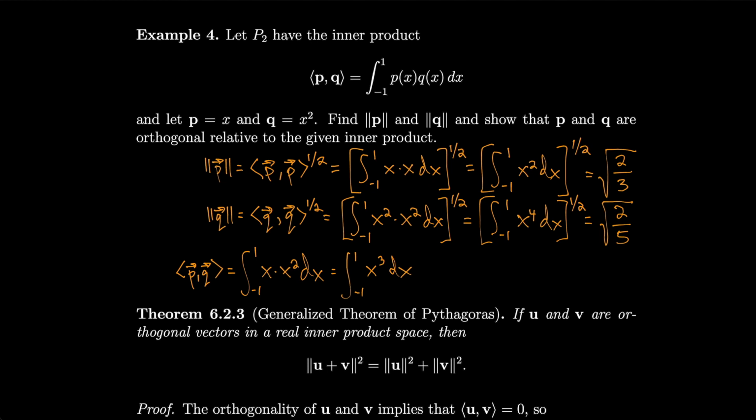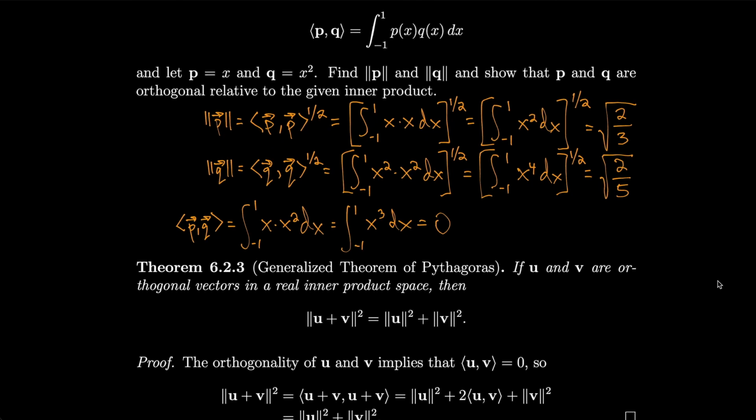Notice x cubed is an odd function over a symmetric interval. We know it's going to be 0. You could double check when you take the antiderivative, you get x to the 4th over 4, plug in 1, plug in -1, it'll end up canceling. In any case, you could see this is 0. So they are orthogonal.